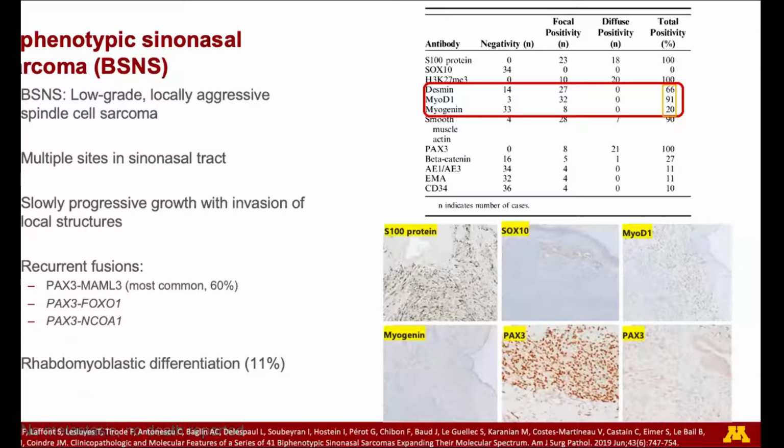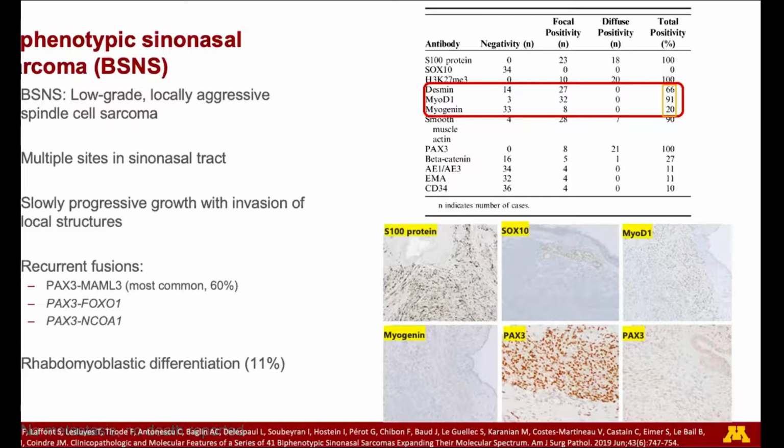Another interesting tumor which I want to talk about is a tumor of the head and neck, which is the biphenotypic sinonasal sarcoma, or BSNS, which is essentially a low-grade, locally invasive spindle cell sarcoma, occurring in the sinonasal tract of adults.